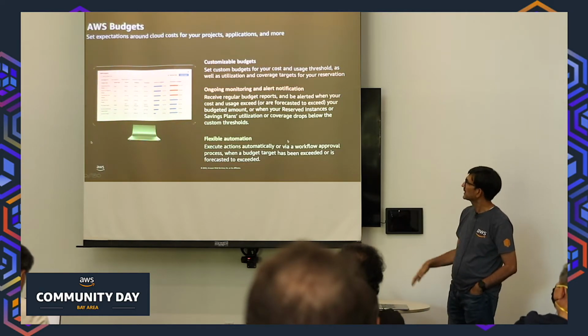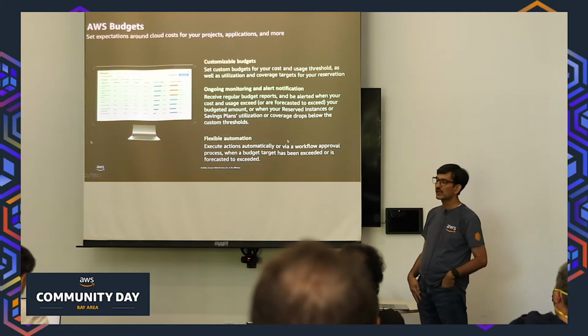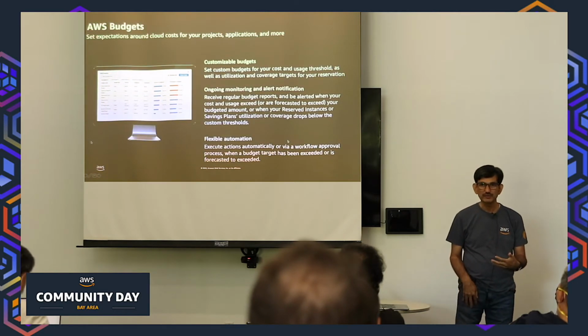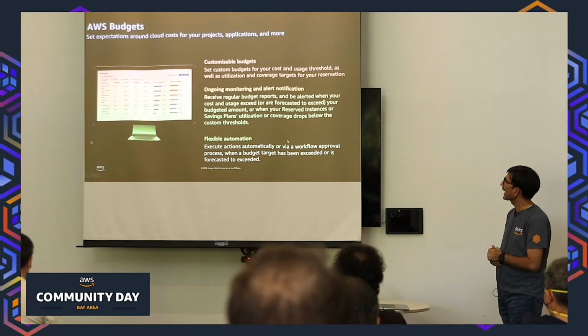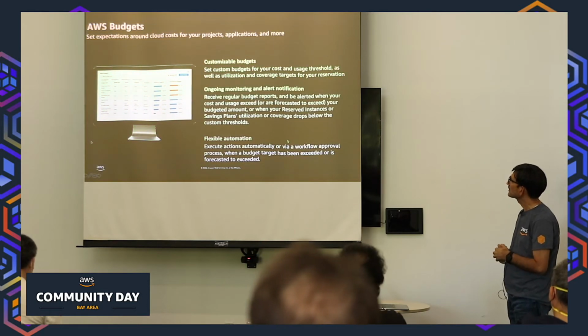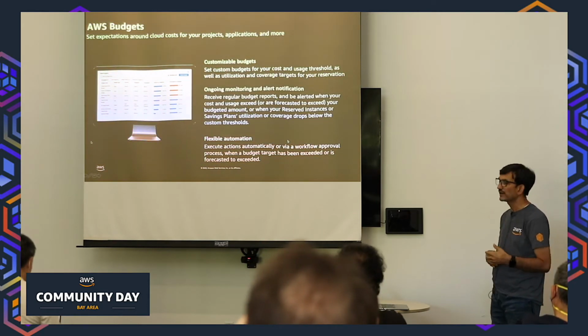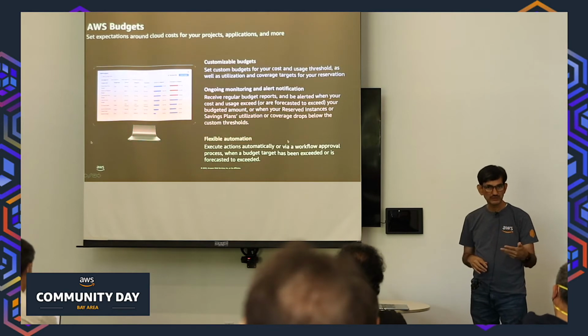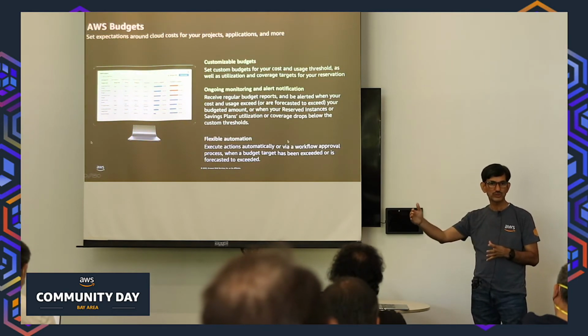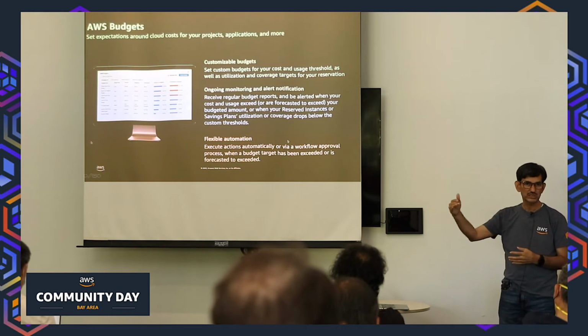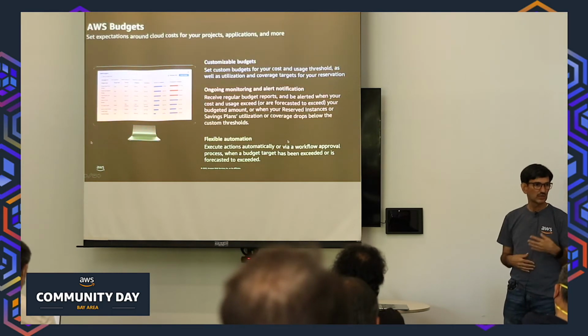This is AWS Budgets. This will allow you to set alerts based on your budget requirements or budget plans, and you can do that for your cost as well as usage. So let's say for usage, you want to make sure you don't cross a certain level, or you want to be notified if it touches this much of usage or cost.